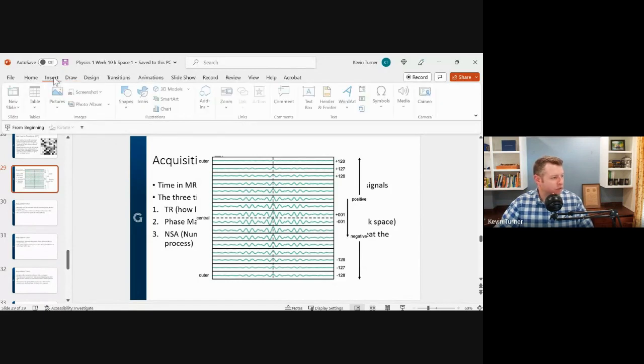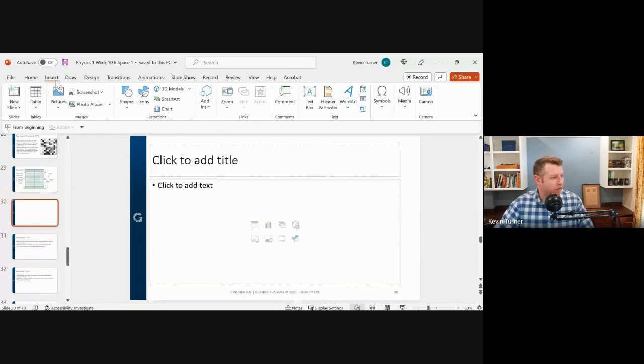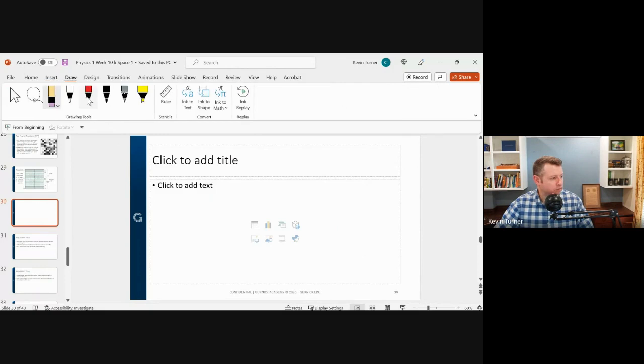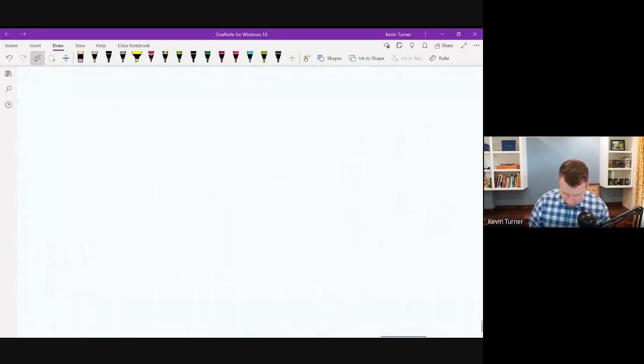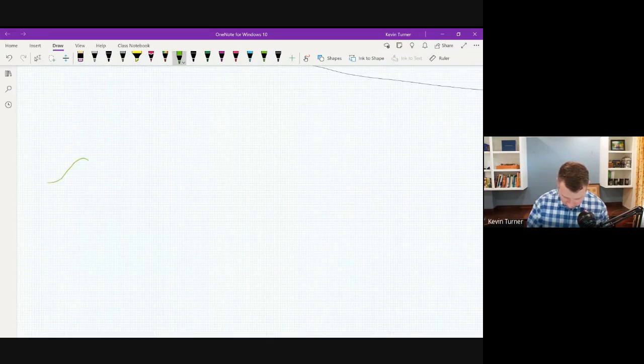If we were to draw a picture of an echo, noise would look like a messed up part of the signal.